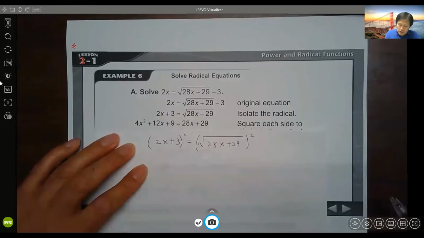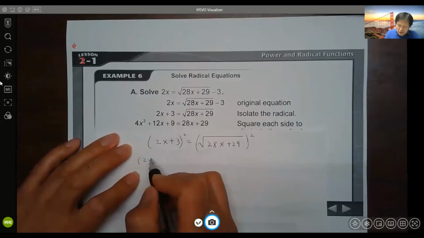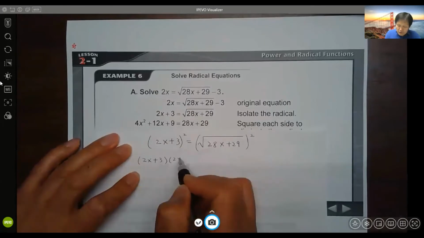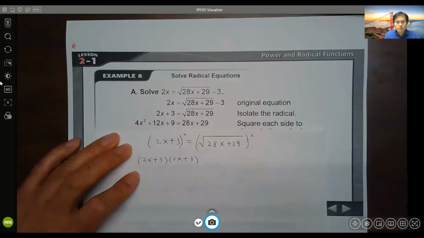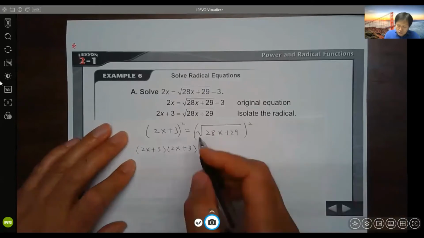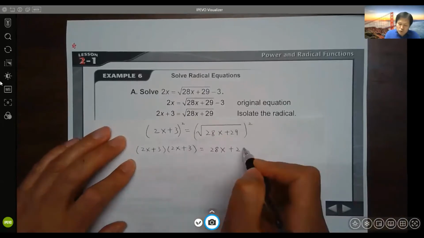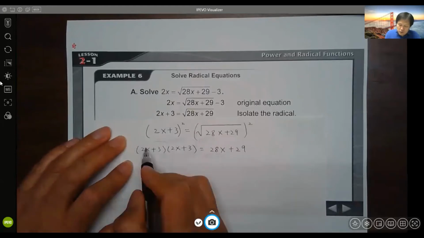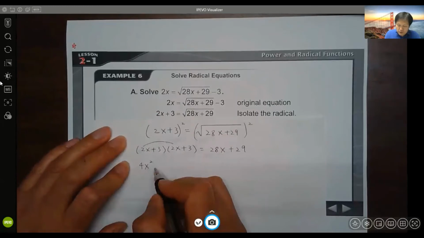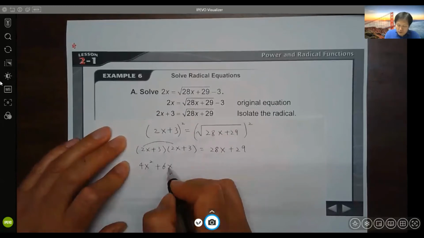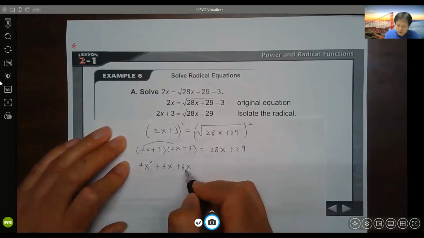Okay? The left hand side, 2x plus 3, 2x plus 3. You are distributing. So you got 2x times 2x, that's 4x squared, 2x times 3, 6x, 3 times 2x, 6x, 3 times 3, which is 9.